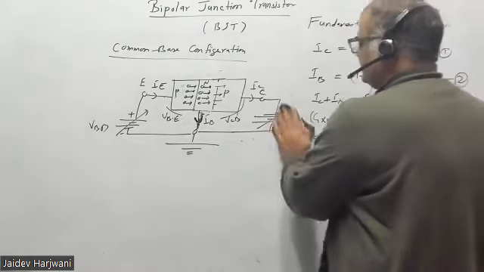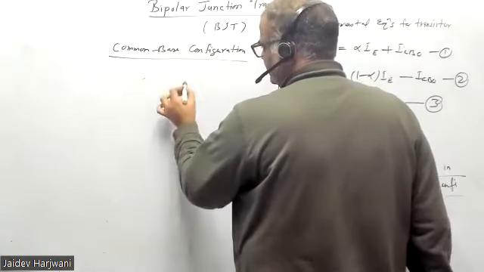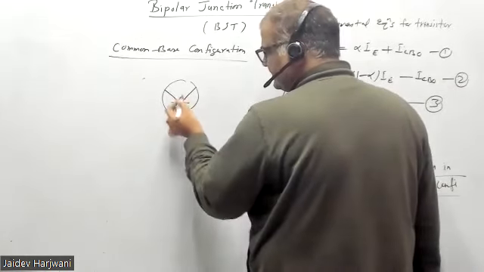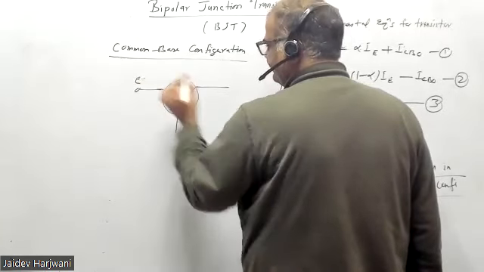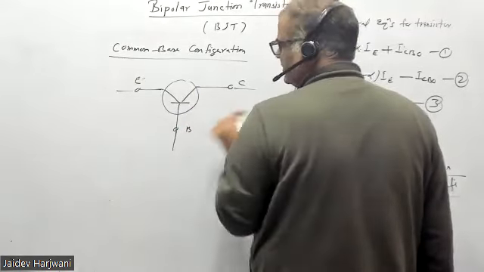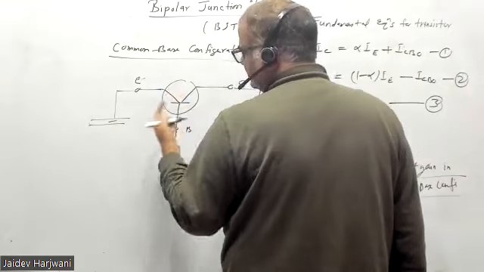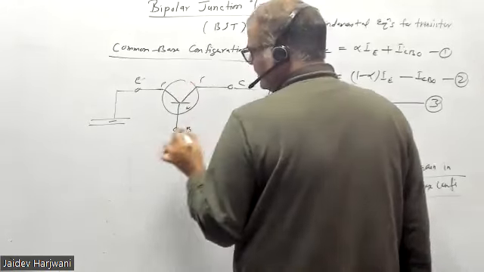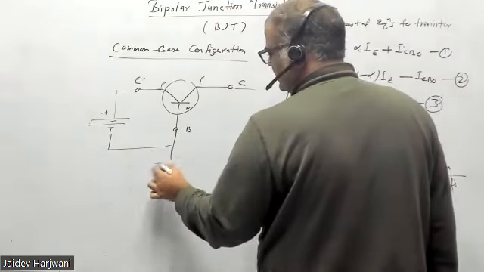Now let me slightly change this circuit and draw it in the normal way. This is generally what we use so you understand better, because in the exam the circuit will be drawn like this. So this is your emitter, this is your ammeter, this is your collector, this is your base, and the circuit is the same. Let us take PNP only. So this is PNP. I want positive here, this is grounded.